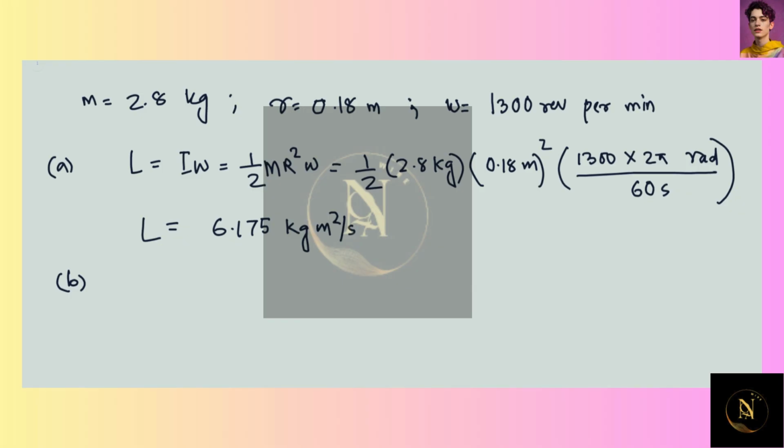We know that torque is the change in angular momentum per unit time. So mathematically, we can write it as L final minus L initial, which is delta L, the change in angular momentum, over unit time, which is delta t. The final angular momentum is 0, so L final is 0.